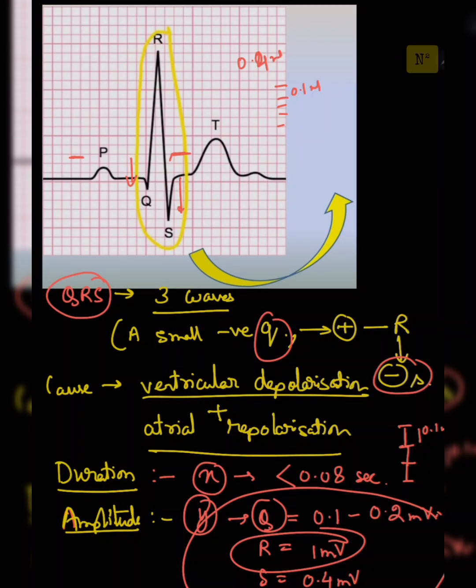Now the R wave in a normal case shows 1 millivolt. If 0.1 is the volt for one small square, we have to travel 10 small squares: 1, 2, 3, 4, 5, 6, 7, 8, 9, 10. At least 10.